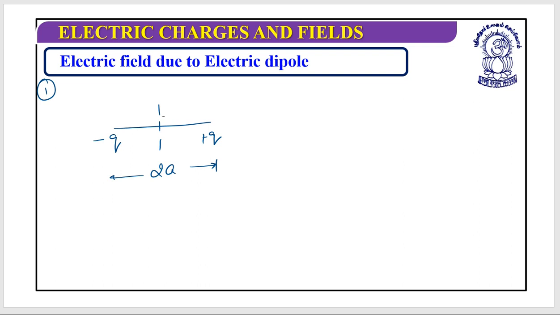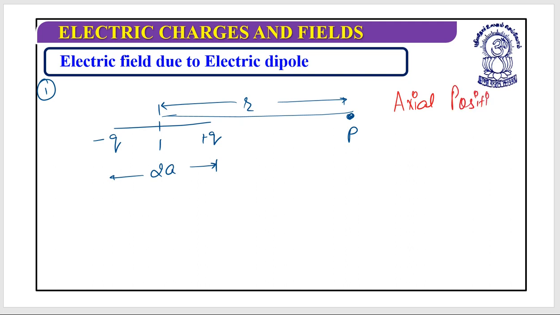From here, at a distance r, at this position, I need to find out the electric field. This position is known as the axial position of an electric dipole. It is on the axis of a dipole.